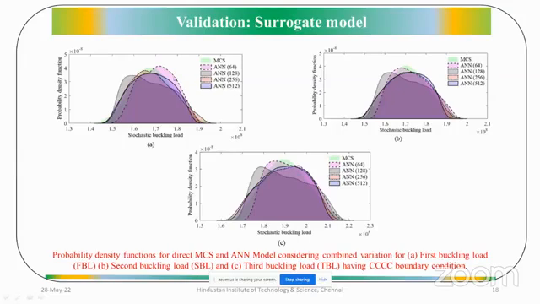We can see the 512-sample plot is closest to the MCS result. In all three cases, this is for the first, second, and third buckling load, for the CCCC boundary condition, that is the clamped boundary condition.